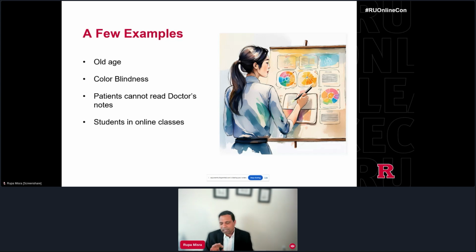The other thing is, let us go a little bit outside the classroom space. Let us say the EHR, the electronic health record system, that doctors and patients use. When the patient is trying to read the doctor's notes, it puts intrinsic cognitive load on them. They're trying to understand what this thing here is.